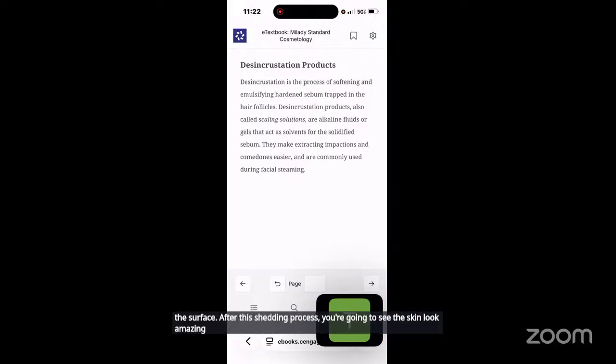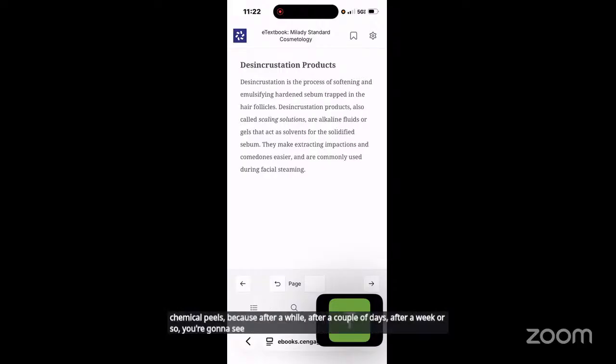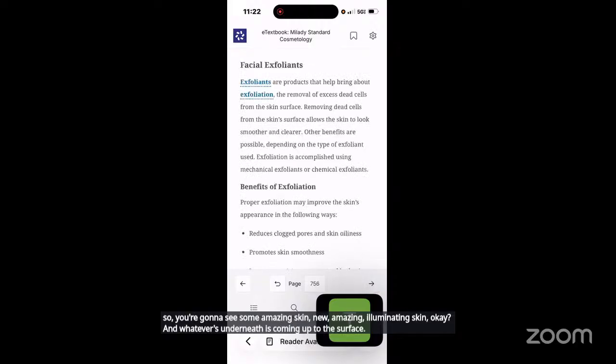This is why we also associate disincrustation solutions with chemical peels, because after a couple of days, after a week or so, you're going to see some amazing, new, illuminating skin. Whatever's underneath is coming up to the surface.